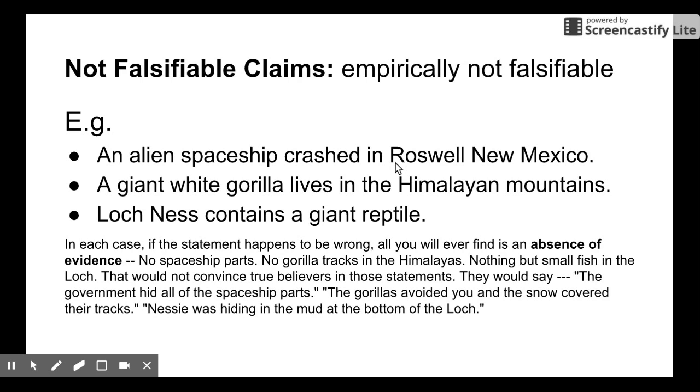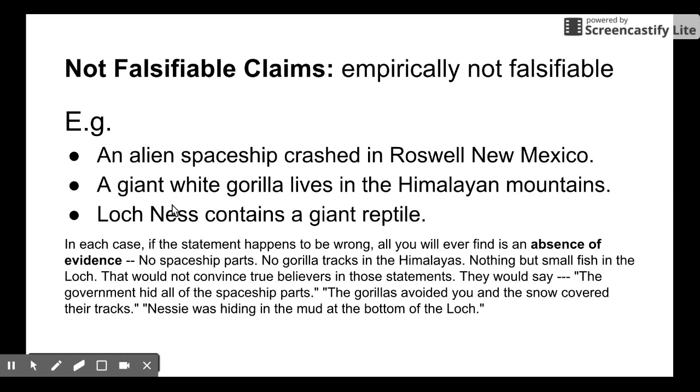This is because if we try to falsify this claim, to prove this claim is wrong, the best we can do is search around Roswell, New Mexico, and find nothing related to an alien spaceship. In other words, all we can find is the absence of evidence.